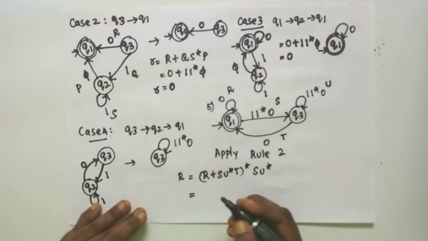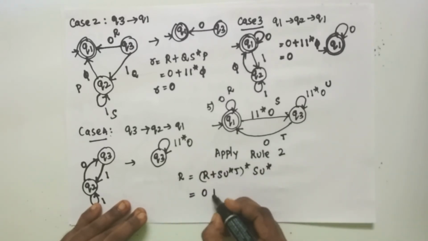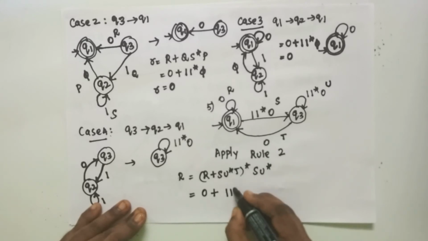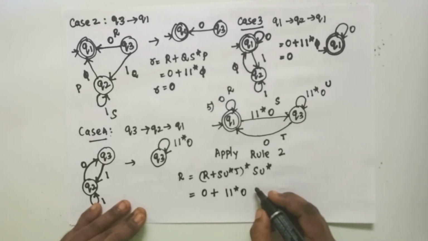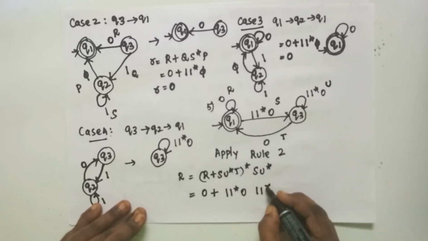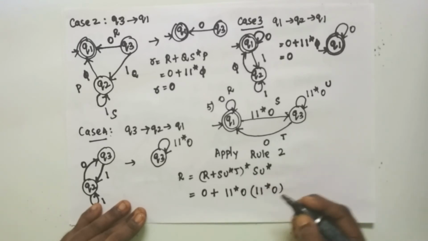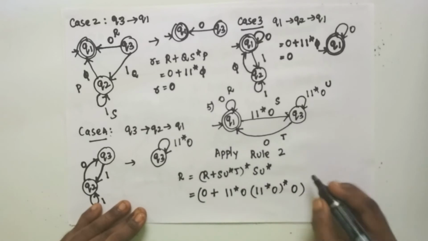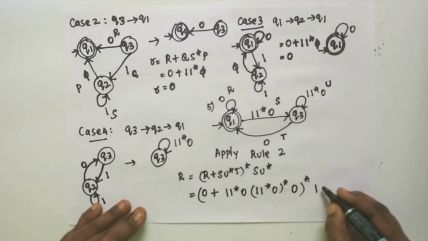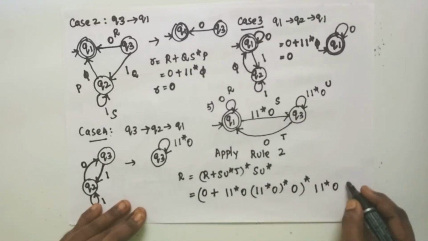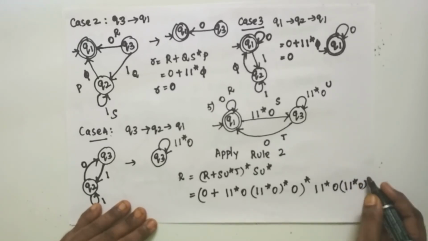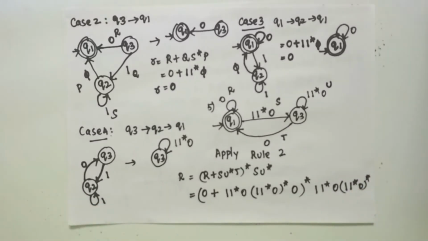This is R, this is S, this is U, and this is T. So here R will be equal to 0. So it is nothing but R is 0, 0 plus S is 1, 1 star 0, and U is 1, 1 star 0 the whole star, T is 0 whole closure into S 1, 1 star 0 into U star, 1, 1 star 0 the whole star. This will be your regular expression.